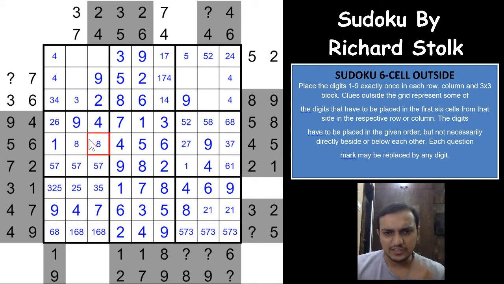Let us mark all the pencil marks here. Maybe there might be some pairs and triplets that we are missing here. So 1 9 4 5 7 8 2 6 and 3, right? 6 cannot be here. So this would have to be 2 3, and 2 cannot be here. This would have to be 3. So if you have a 3 here, that is also possible. And 5 7 2 is not possible here. 6 and 3 is a possibility.